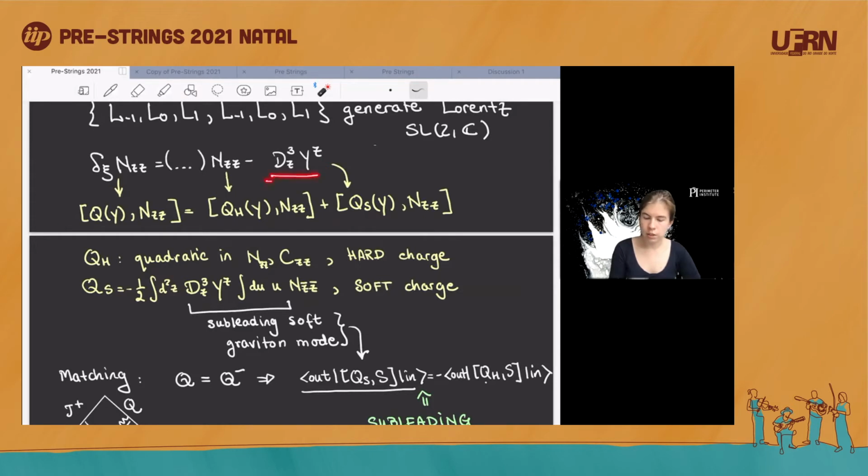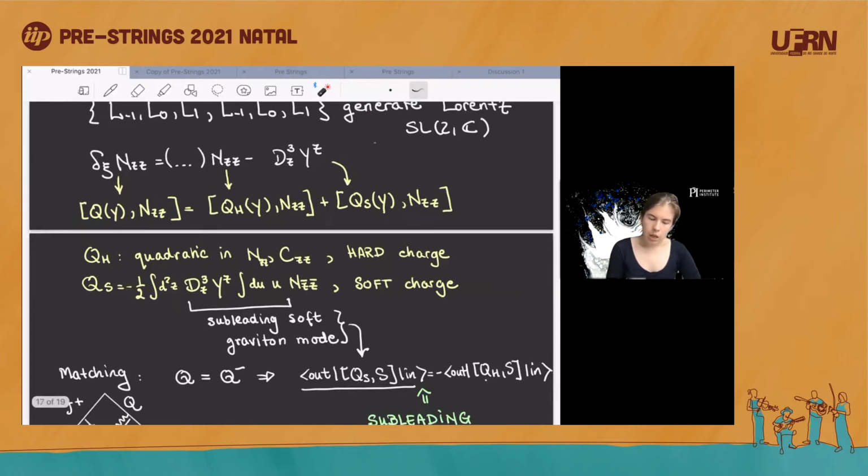So it doesn't depend on N, but just depends on these vector fields Y. And we also saw that we can define charges whose commutators with NZZ reproduce this symmetry action. And these two types of terms we see in the symmetry action directly map onto 2 parts of the net charge Q.